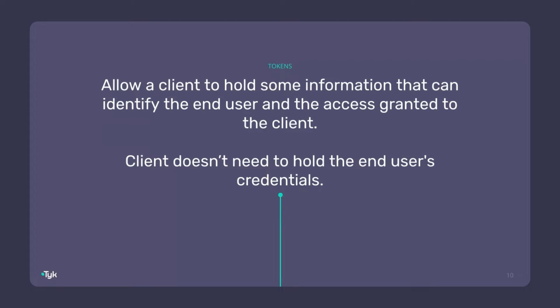If you look at an analogy here, the commonly used analogy is of a hotel booking. You've already booked a hotel room, and on the day of your check-in, you go up to the receptionist and provide some form of ID, which is usually a photo ID, such as your passport or driver's license.